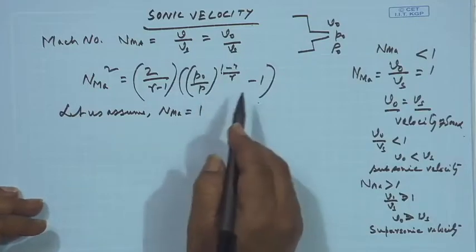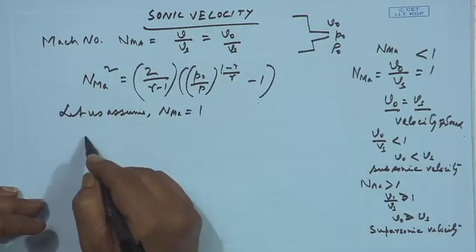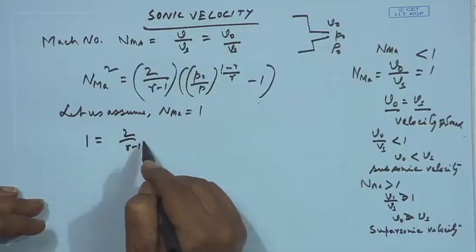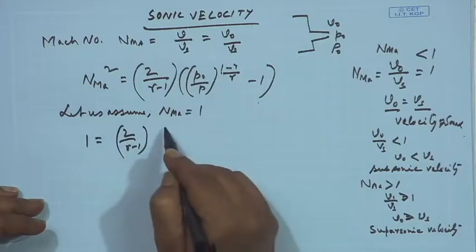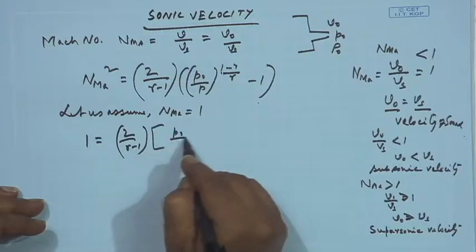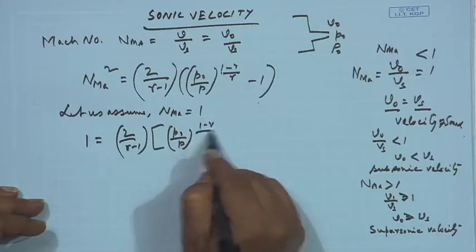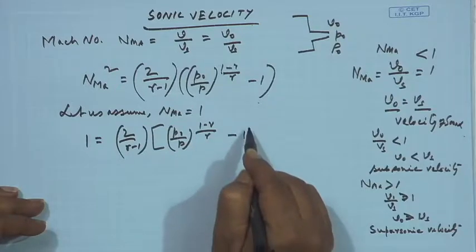So we have now assumed that the Mach number is 1. What happens? If we take Mach number equal to 1, that is NMA square is 1, then this is equal to 2 by gamma minus 1 into P0 by P to the power 1 minus gamma by gamma minus 1.